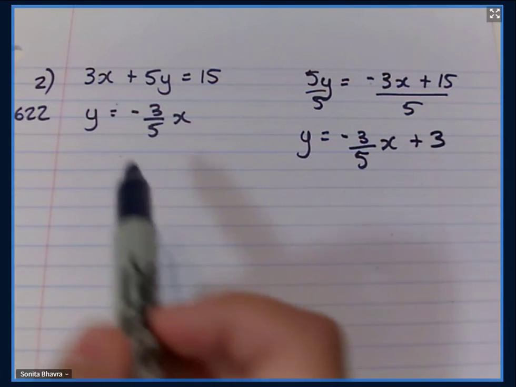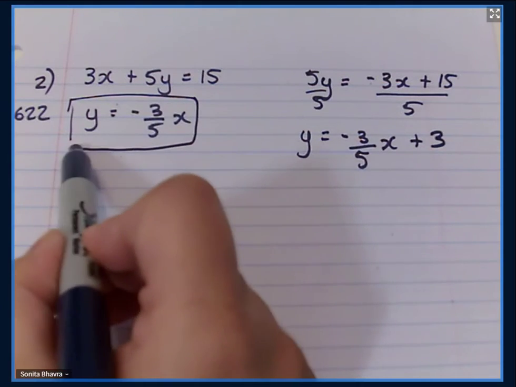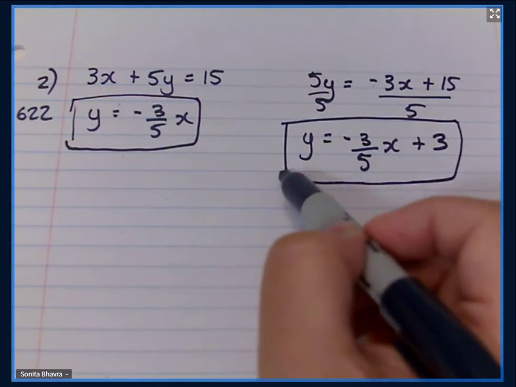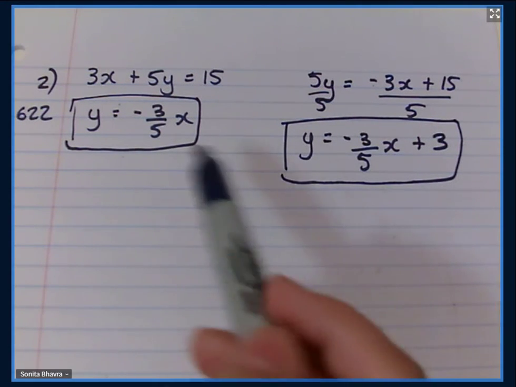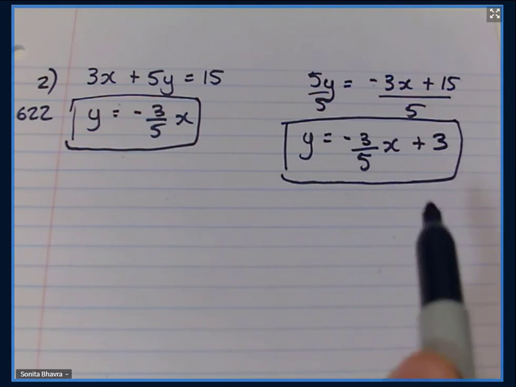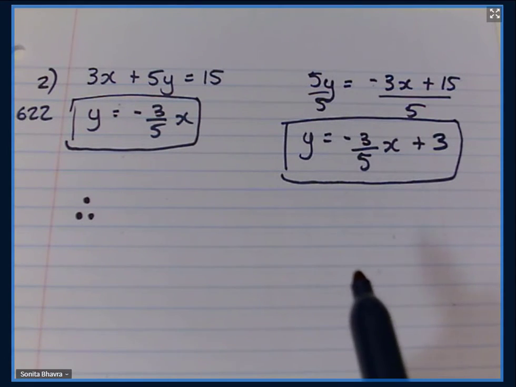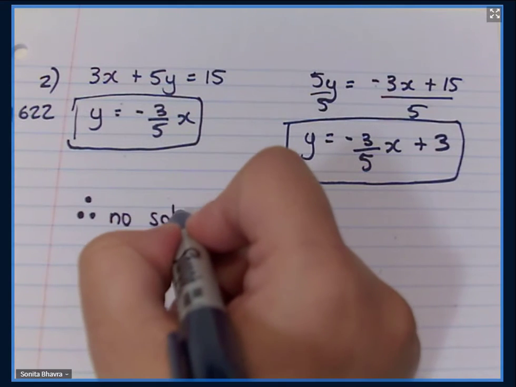All right, so our first line is y equals negative 3 over 5x, and our second line is y equals negative 3 over 5x plus 3. So if we compare, the two slopes are the exact same. Therefore, this system will have no solution because the lines are parallel.